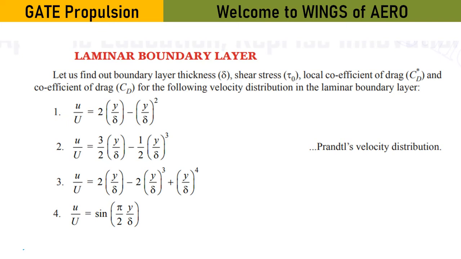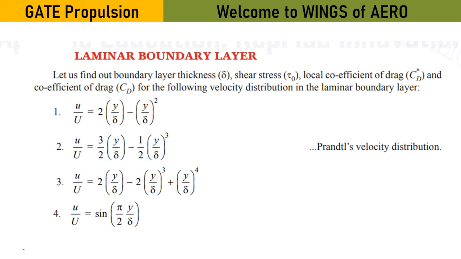Then there is another, how we can classify the turbulent boundary layer. Now you can see the equation: u by u infinity equals y by delta to the power 1 by 7.